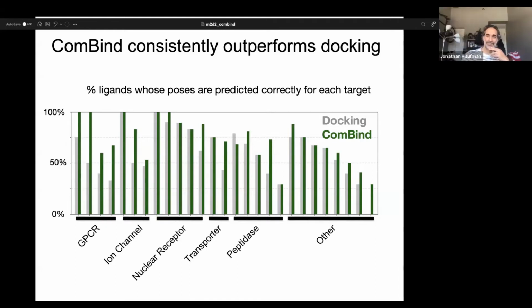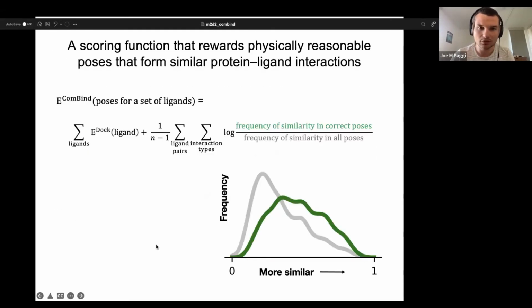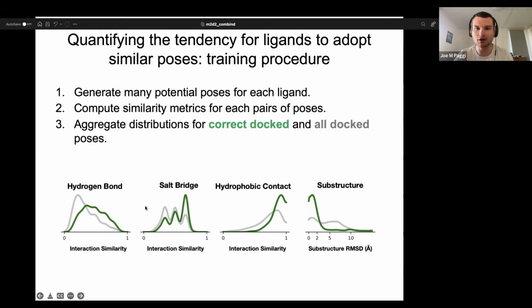Okay. And then there's a question in the chat about how the similarity of 3D poses is calculated. Yeah. So we have these four different metrics here.